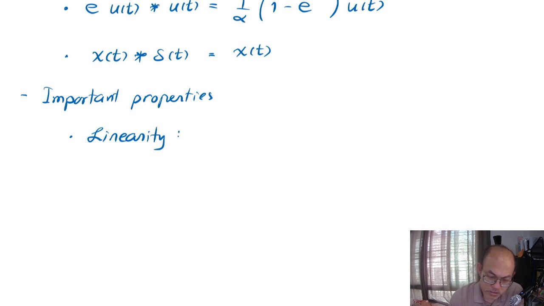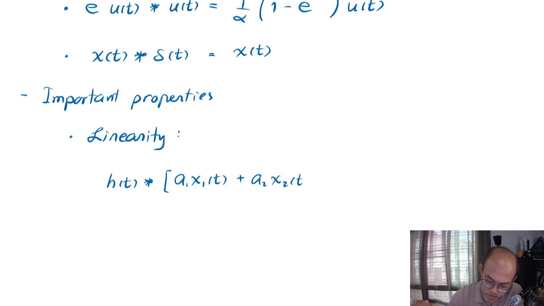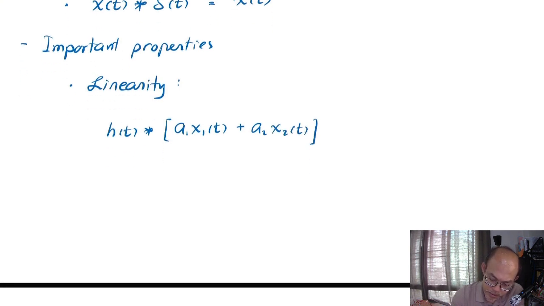Linearity means that if we perform convolution of h of t with a linear combination of signals, we could in practice take the function h inside of the parentheses and get a1 h of t convolved with x1 plus a2 h of t convolved with x2.